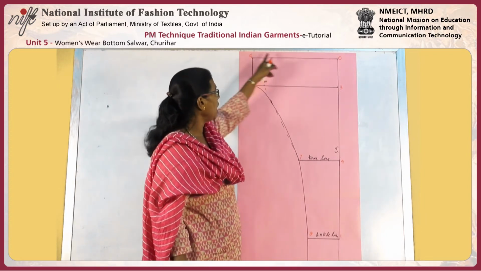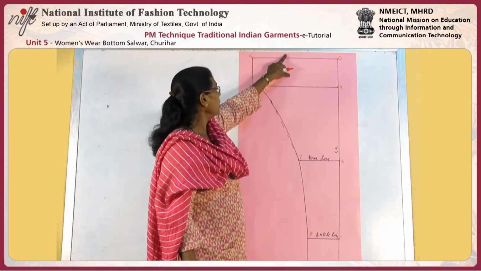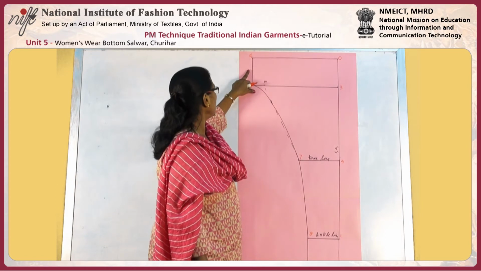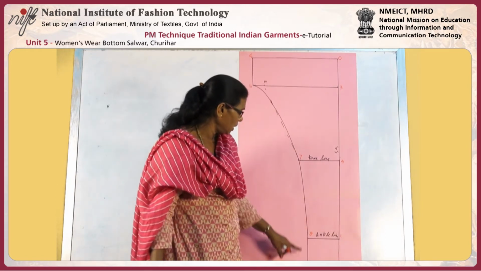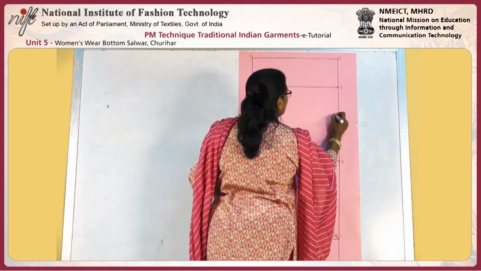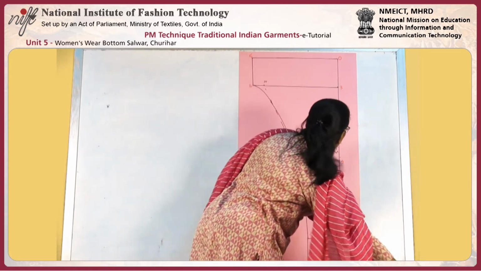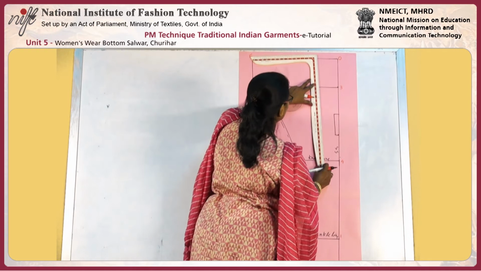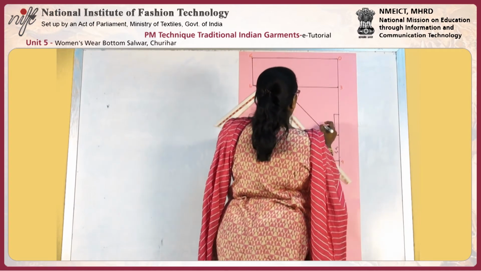Now we need to allow the seam allowance: waist at top half an inch, at the side half an inch, at the inleg seam half an inch, and bottom 1 inch, but the side should be on fold. And the grain line is a bias grain line.